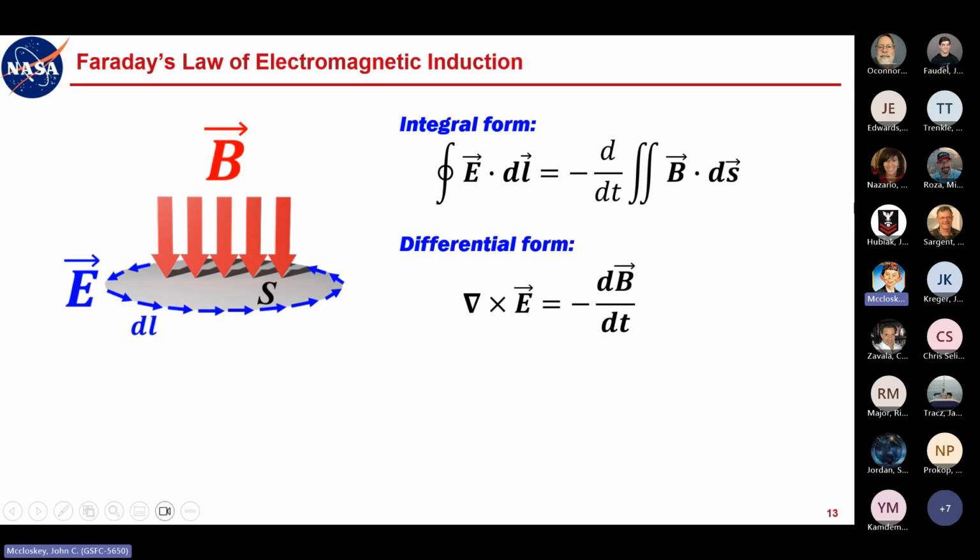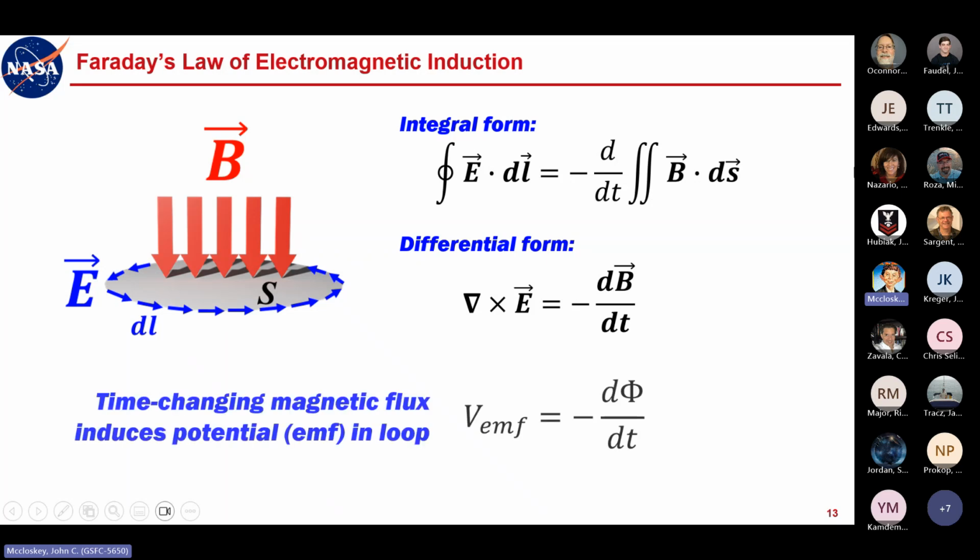So, okay, let's do this again. A time-varying magnetic flux will induce a potential or EMF or electromotive force in that loop.